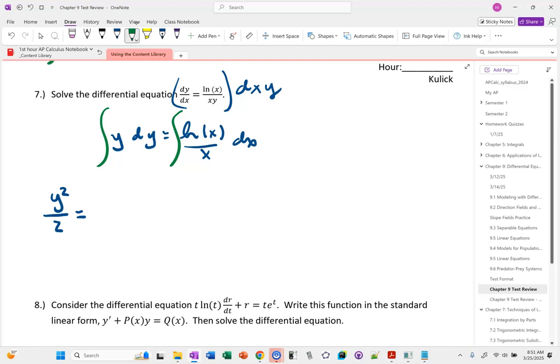What I notice is that if I think about this as the natural log of x times 1 over x dx, instead of thinking of it as the natural log of x over x, that helps me see what to do. I would do a u sub here, where the u is the natural log of x, because du then is 1 over x dx, which is exactly what I have.